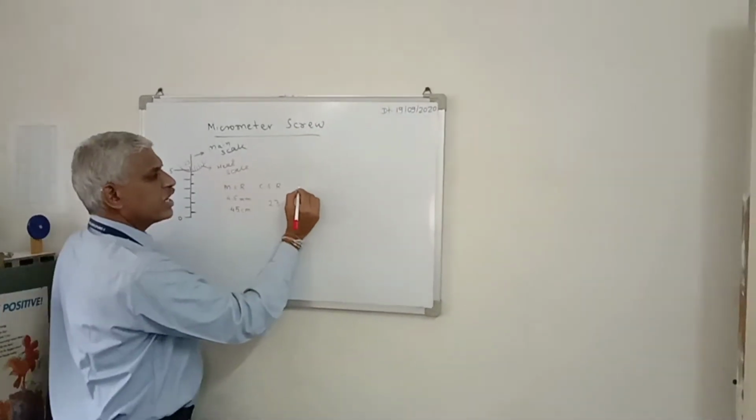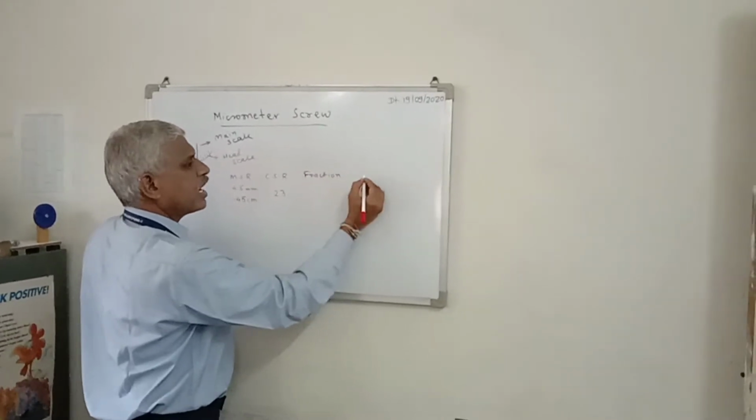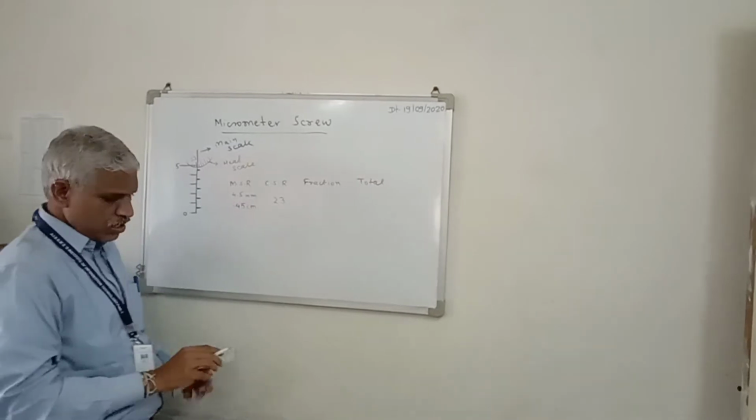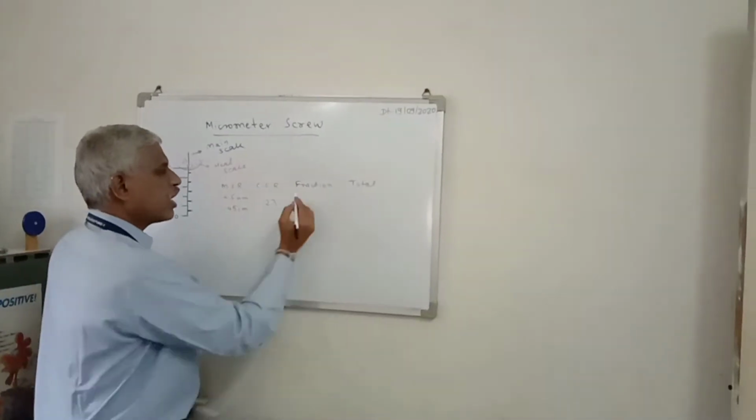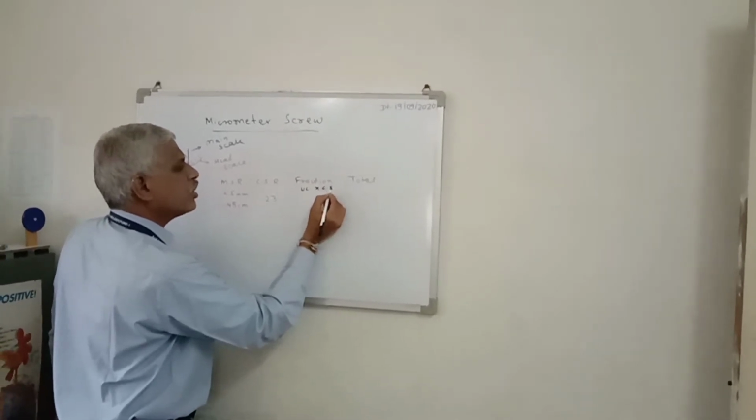Then we have to find out the fraction, and at the end the total reading. What is the fraction? Fraction is least count into circular scale reading.